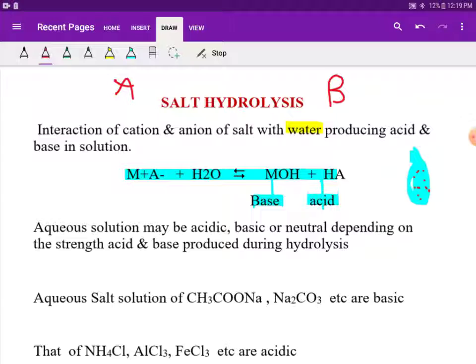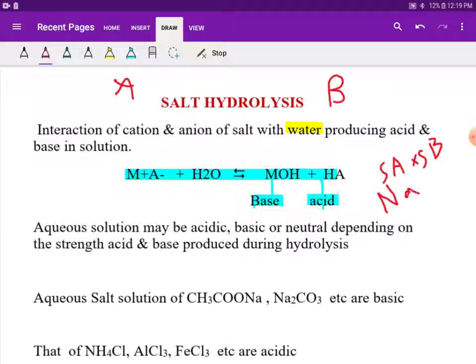We have 4 different types of salts I wish to mention. One is the salt of a strong acid and a strong base, like NaCl. Both are strong, and the typical salt is NaCl.